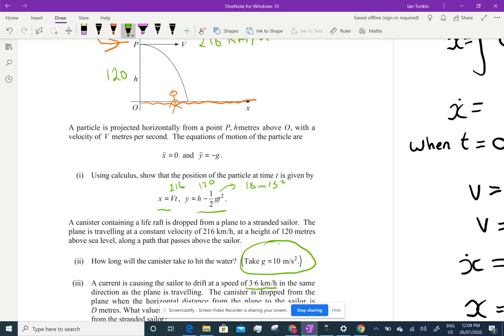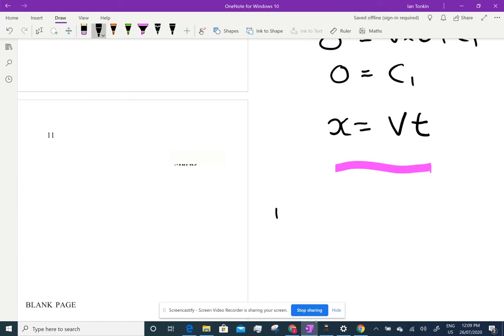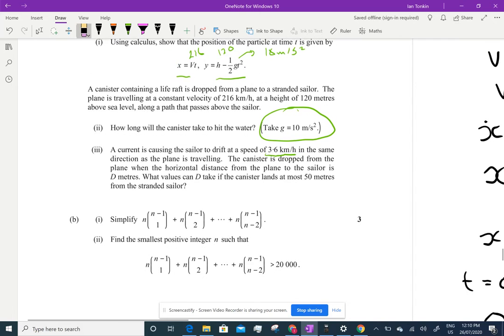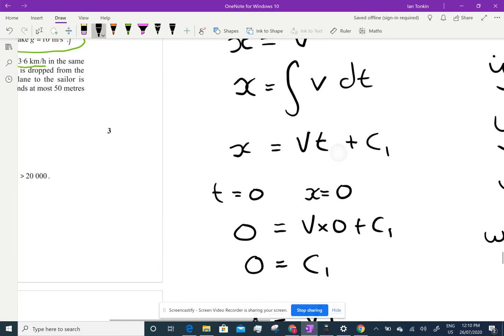Well, the first part of this question is pretty easy. How long will it take the canister to hit the water? Well, we're only going to use the y value and we've got all the things we need for it. So let's go over here and do part 2. How long will it take for it to hit the water? Well, we want y, which is 120 minus, it's not minus negative 10, because the minus comes from gravity being negative, or being down.